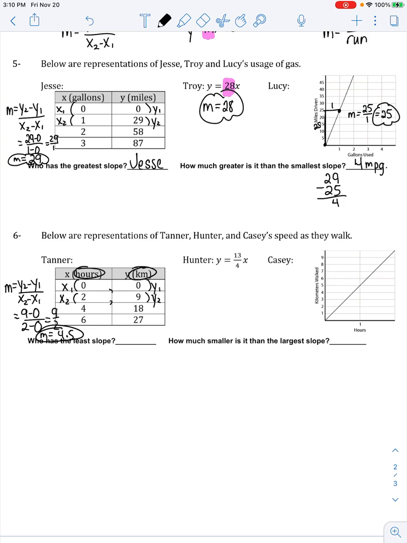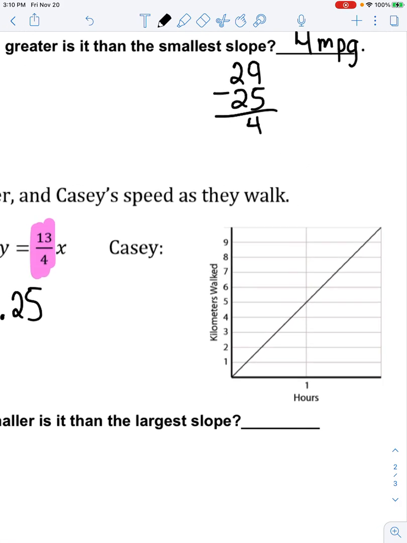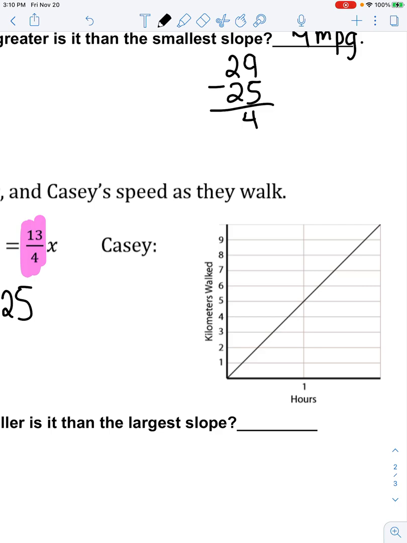See, kilometers per hour. Now let's look at Hunter. Well, Hunter has a 13 over 4, but we're going to say 13 divided by 4. That's what I typed in my calculator, and I got 3.25. So Hunter can walk 3.25 kilometers per hour. And let's look at Casey. Well, Casey here has a graph.